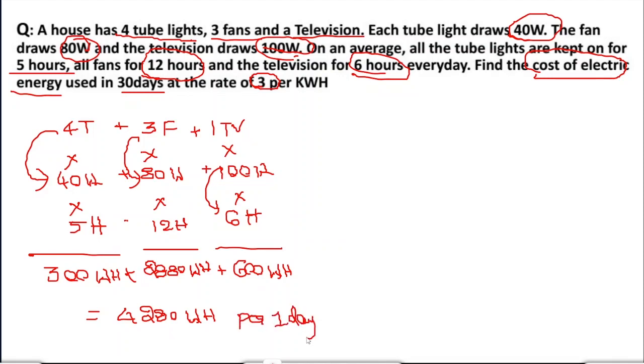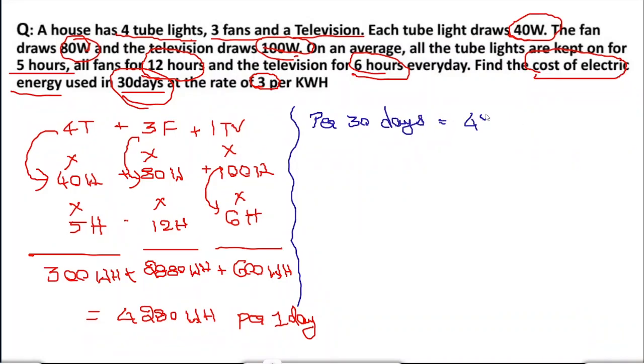Okay, but what they asked is per 30 days, right? So here I can simply write per 30 days. How much will it be? Simply 4280 watt hours into 30, right? So that will be equal to 1,28,400 watt hours, right?